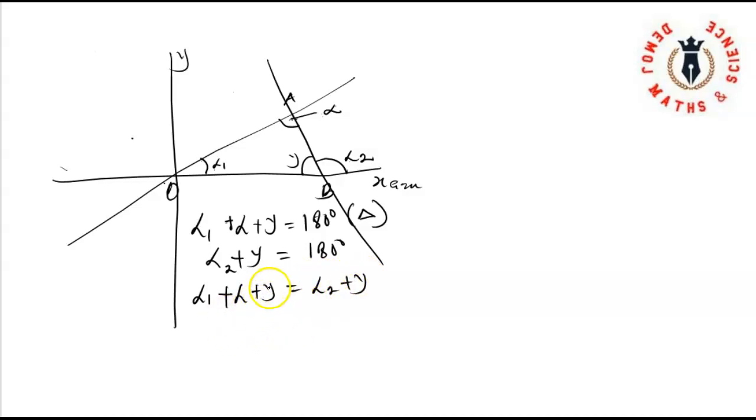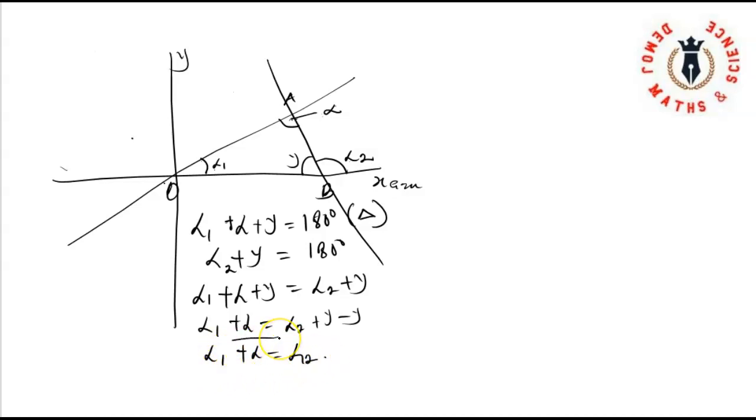Now, y comes to the other side, and it becomes alpha 1 plus alpha is equal to alpha 2 plus y minus y. So alpha 1 plus alpha is equal to alpha 2.